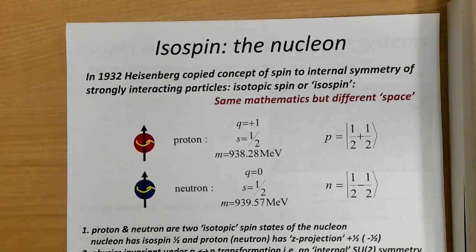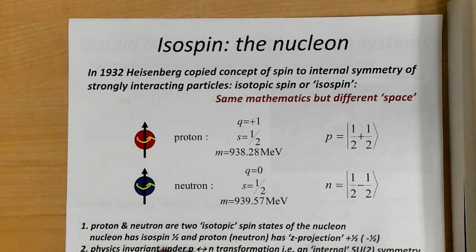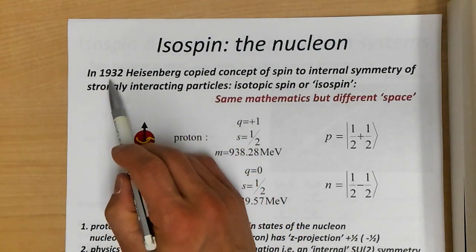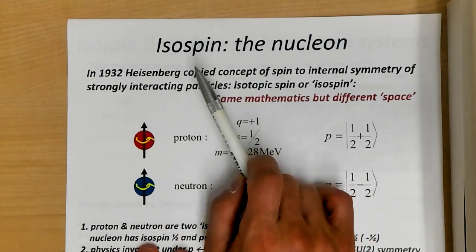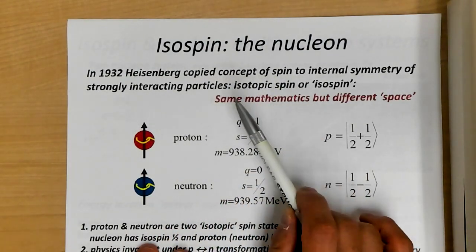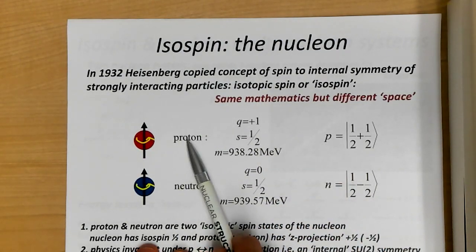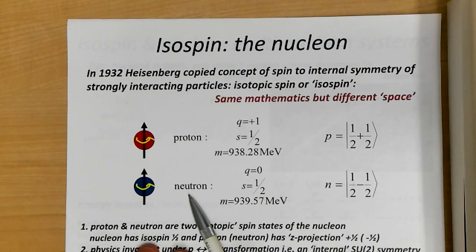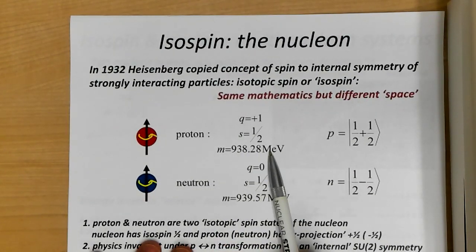Now, this group SU2, or the spin 1/2 representation of SO3, was very elegant, and in 1932, Heisenberg realized that there may be another instance of this SU2 group, but this will have to do with the similarities between the proton and the neutron. So the proton has a mass of about 938.28 MeV, and the neutron has a mass of 939.57 MeV.